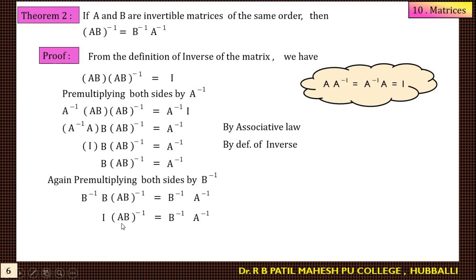Identity into any matrix, you know, is the same matrix. Therefore, I into AB whole inverse means AB whole inverse is equal to B inverse into A inverse. Now here we got the result that AB whole inverse is equal to B inverse into A inverse. That is this theorem. I hope you understood the proof of this theorem.